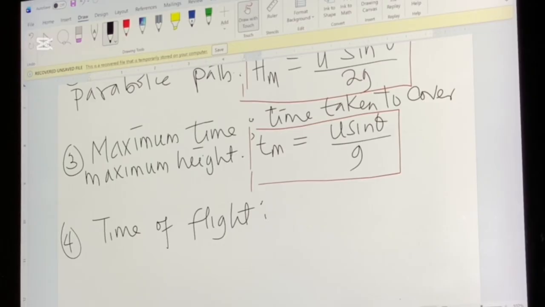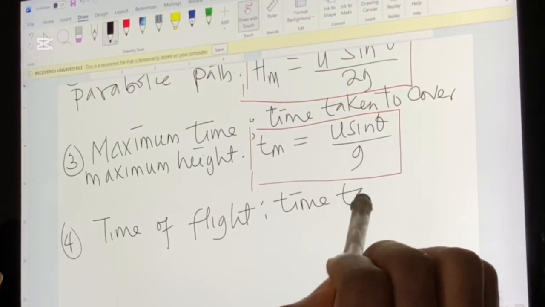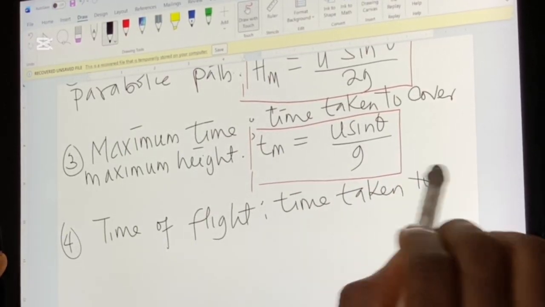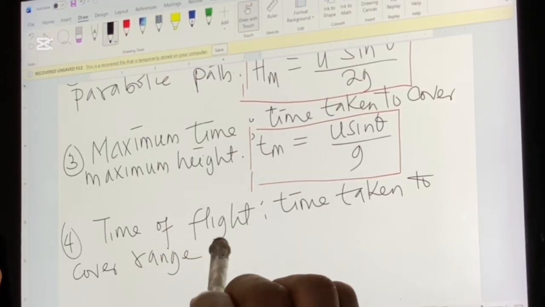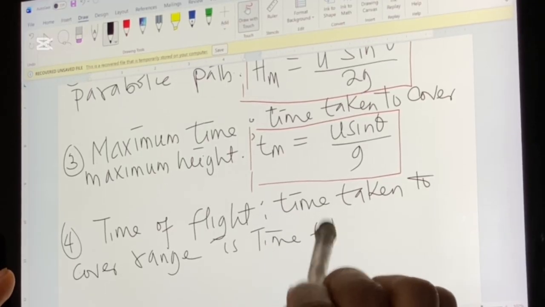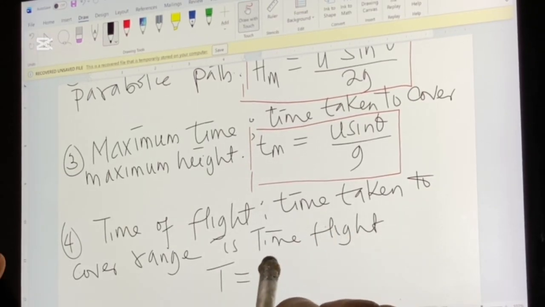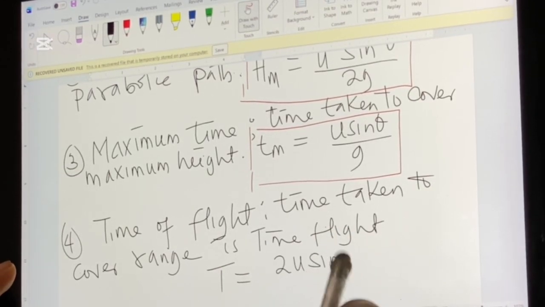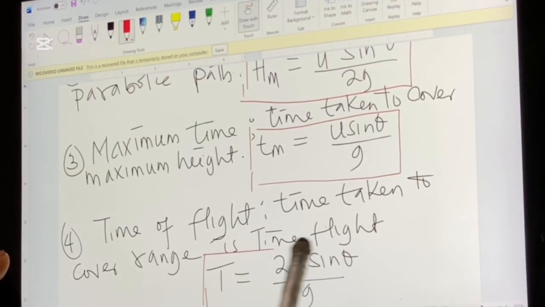The time taken to cover range is time of flight. So let's take the mathematical definition. T is equal to 2u sine theta over g. Okay, so this is the formula for time of flight.